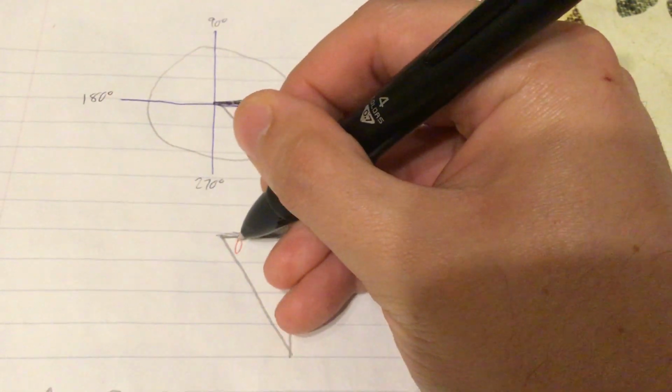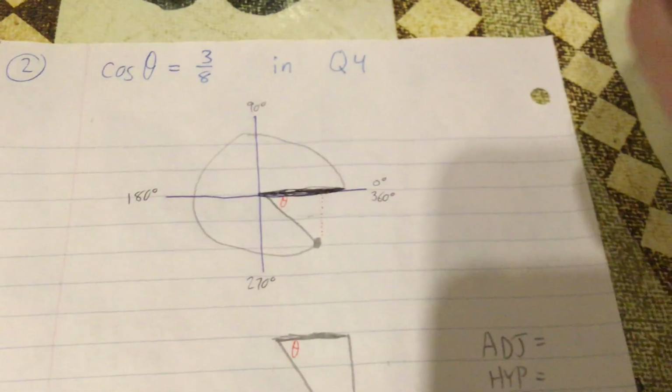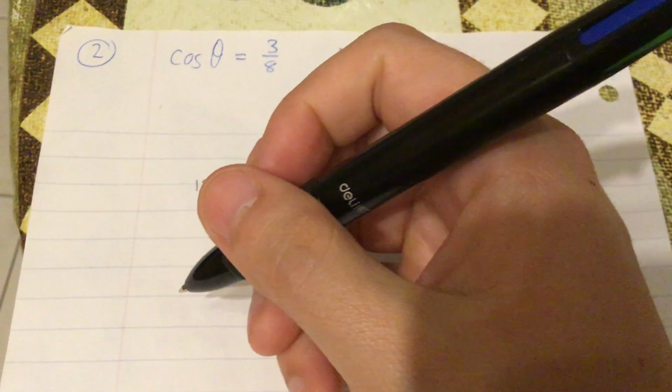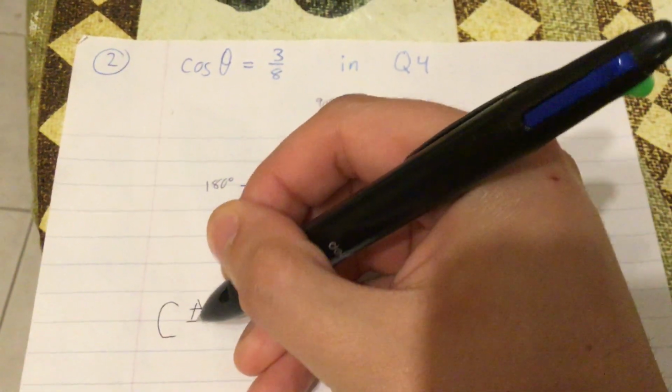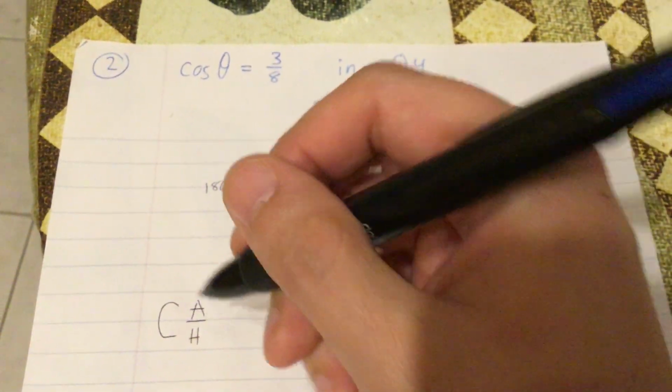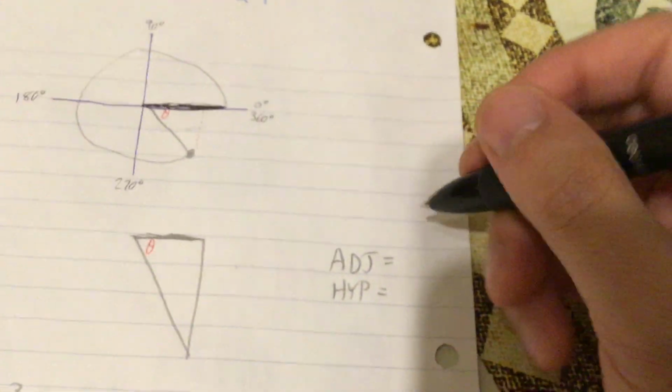Okay, so now that I've drawn this triangle, I've got angle theta right there, and I'm using the cosine ratio. So what that tells me is it goes to that SOHCAHTOA mnemonic that we just figured out. Well, CAH. Okay, so that tells me that it is the adjacent over the hypotenuse ratio.